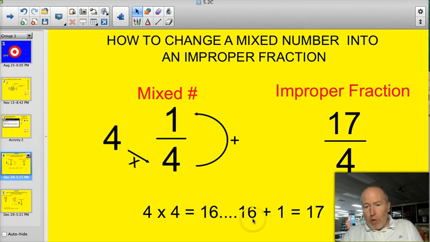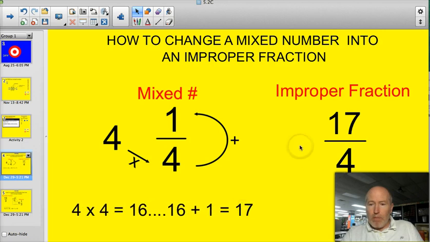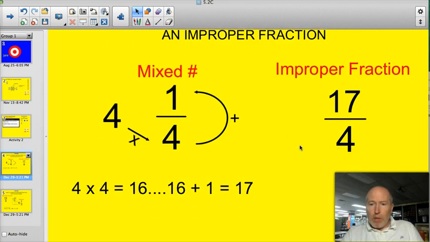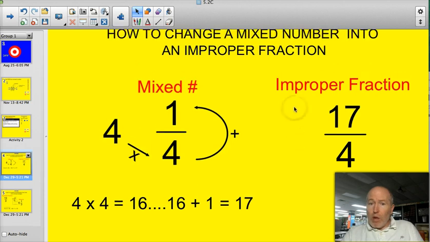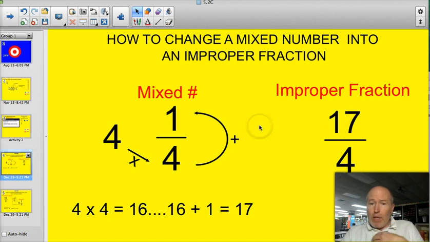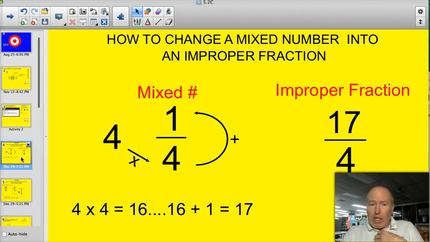Then I add the numerator, 16 plus 1 is 17. I'm going to slide that over, make sure my picture's not in the way, and move it up a little bit. Okay, 17/4. So that's going from a mixed number to an improper fraction. Multiply, add, 17/4. Okay, let's take a look at another one.